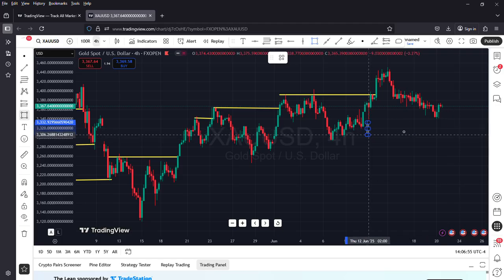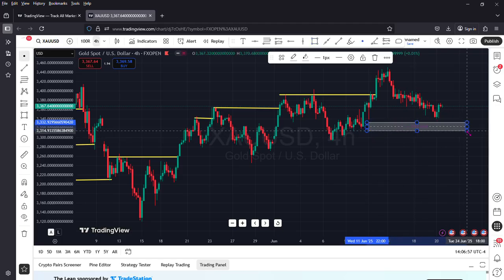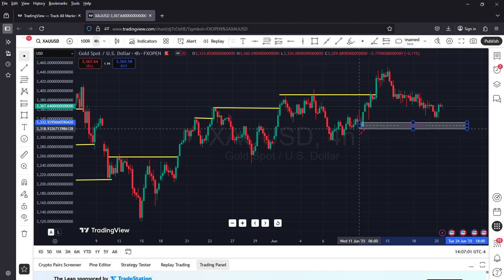If this bullish engulfing candle is our area, we are looking for the market to tap into this area before going up.